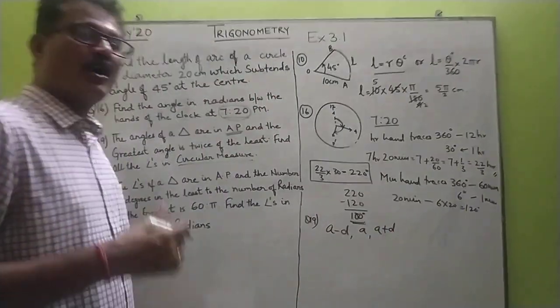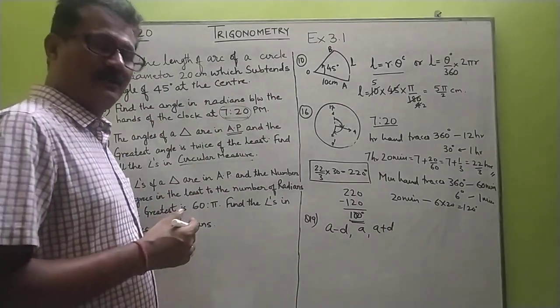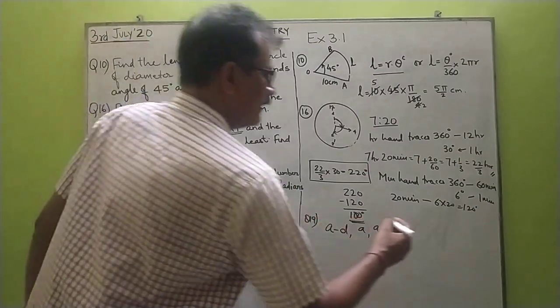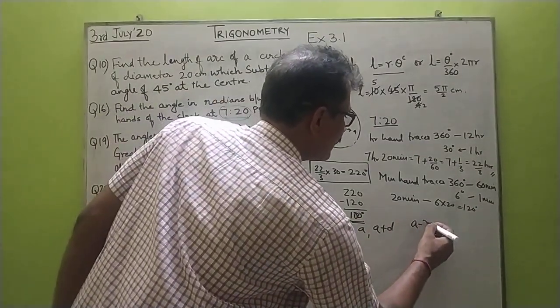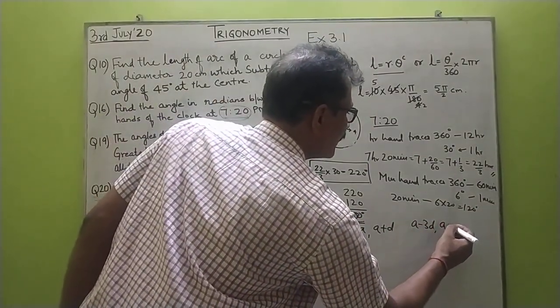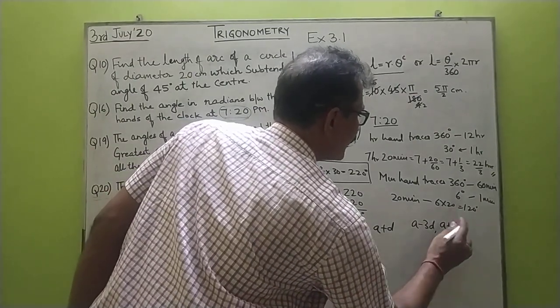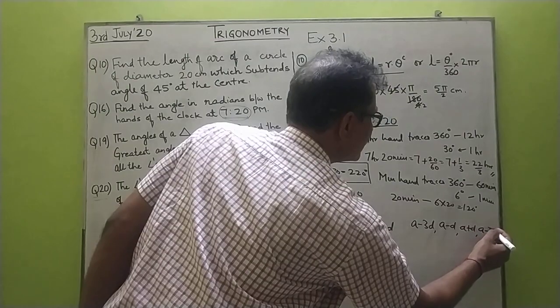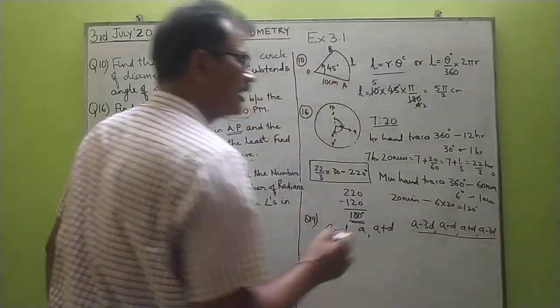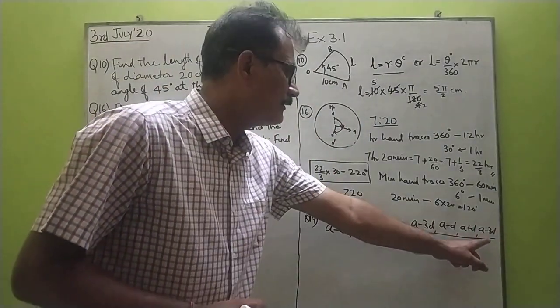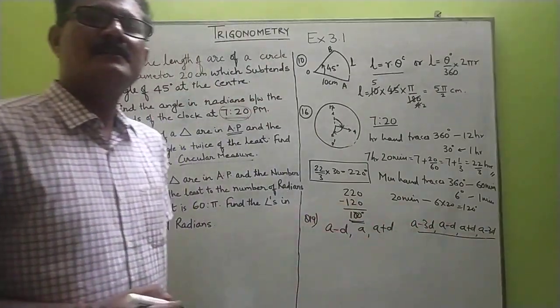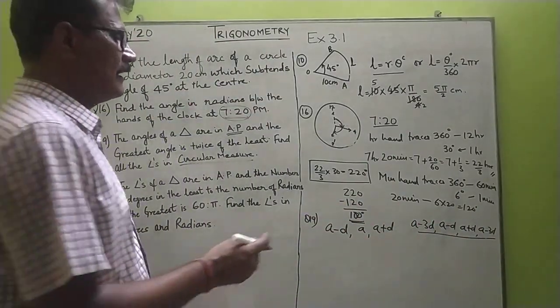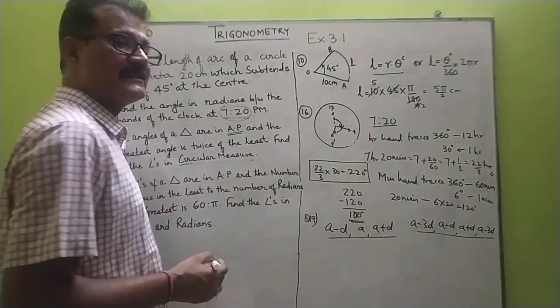If you talk about the quadrilateral, that sum in the quiz, the Google form that you were given, it had 4 angles. There we take it as a minus 3d, a minus d, a plus d, and a plus 3d. So if it's a quadrilateral with 4 angles in AP, we take these as the numbers. And here in this case, we take these 3 as angles.